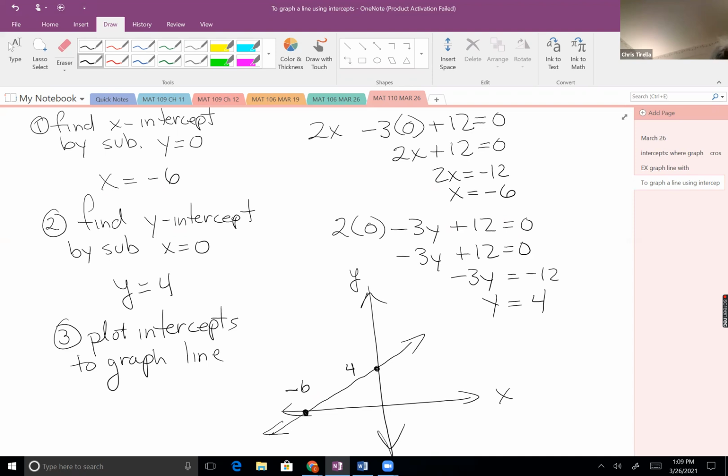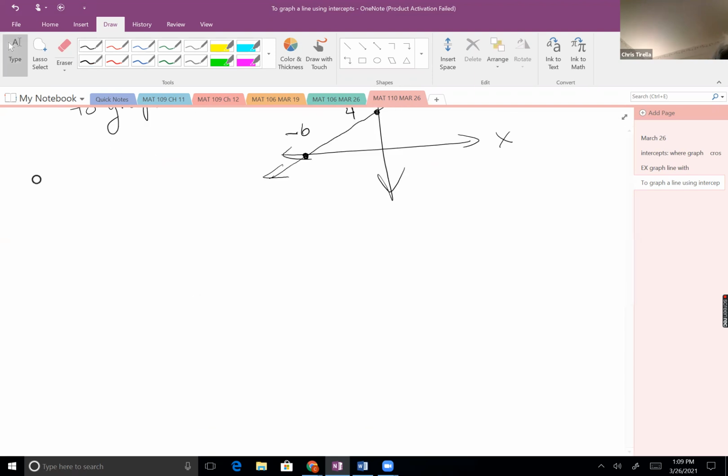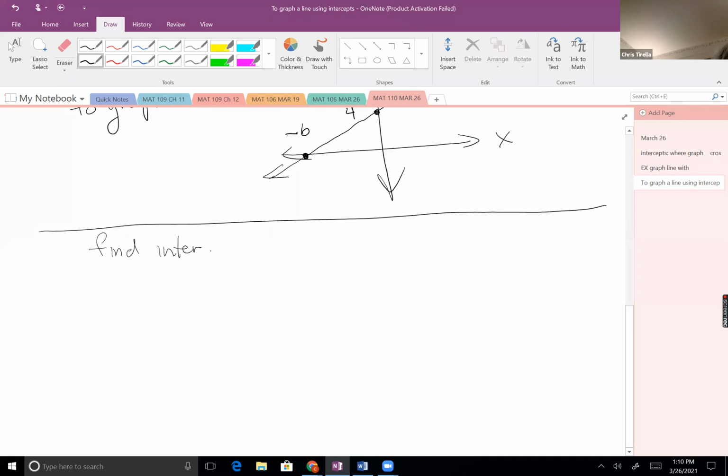So let's have you folks try one. Let's ask you to find the intercepts and sketch the line. And let's say this time our equation is 5x minus 2y equals 20.